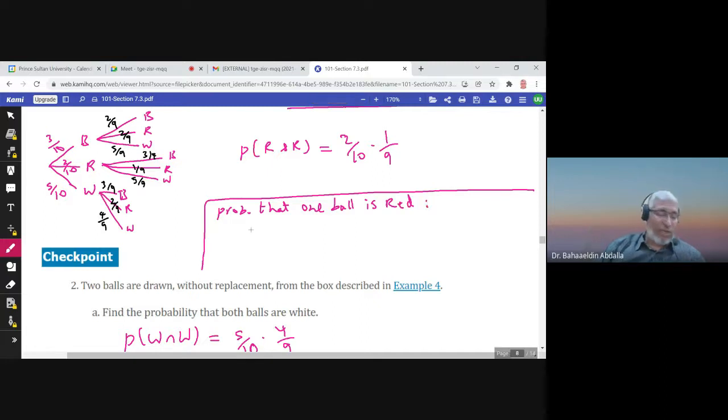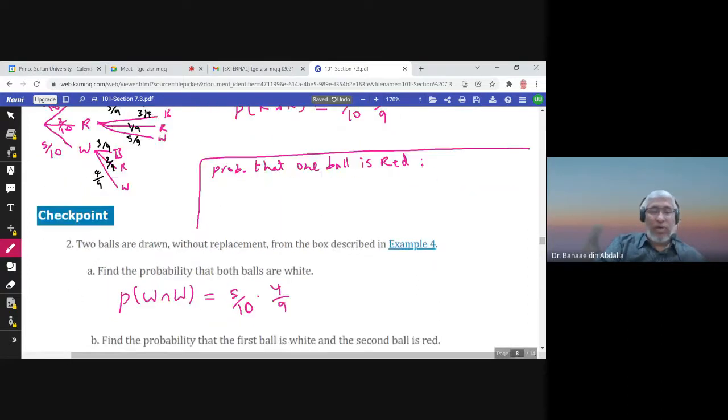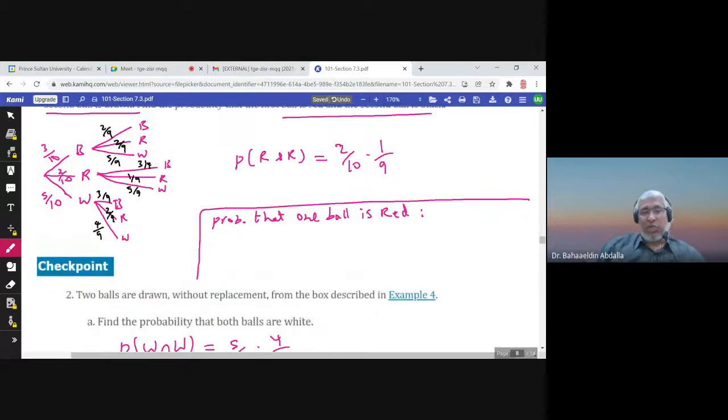If I want to find the probability that one ball is red, how do I answer this question? Exactly one ball, I mean, it cannot be two balls. So only one ball is red.